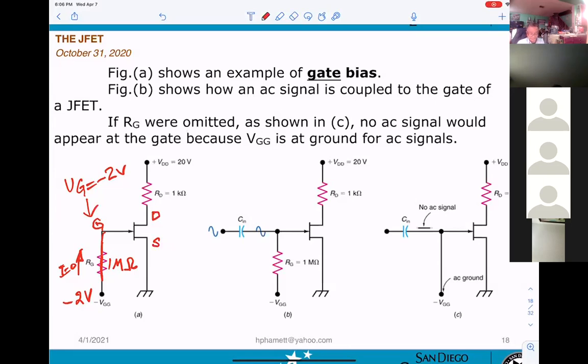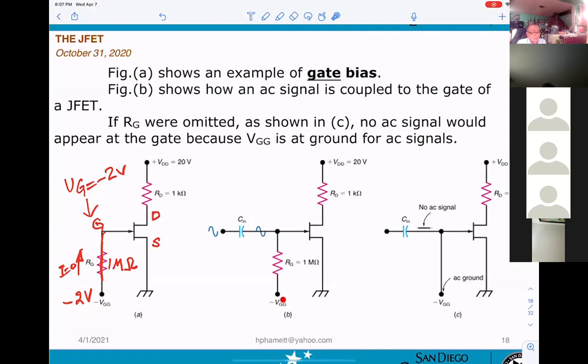I will explain why. Basically, when you convert this circuit to the AC circuit, for the AC circuit the DC voltage must be grounded. So if you don't have a resistor here, then the gate will be grounded, the minus 2 volts will be grounded. When the signal goes up to the gate here, it will go to ground.